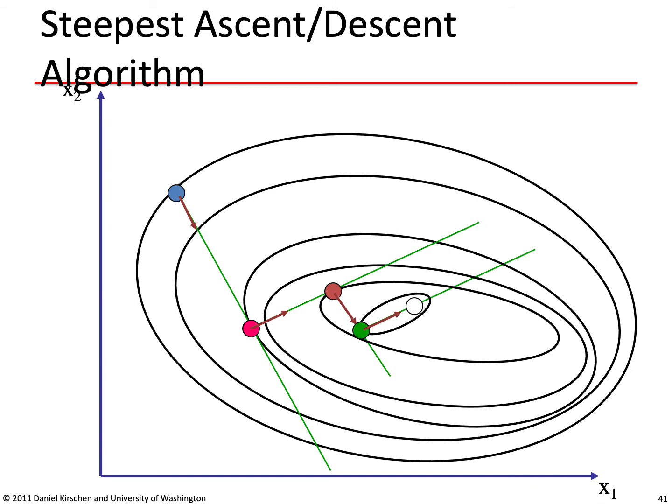This next slide illustrates the process. In this two-dimensional case, I can draw contours that indicate how I move to find this minimum or maximum. Note that at each point, the gradient is perpendicular to the contour of the function at that point.